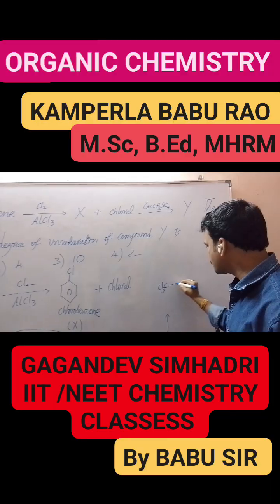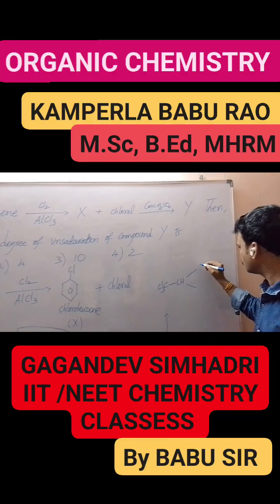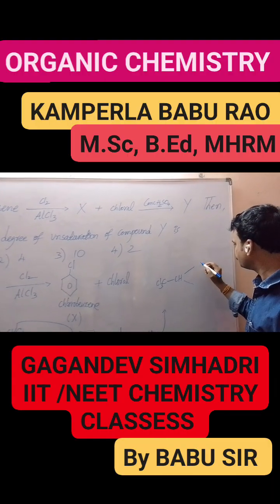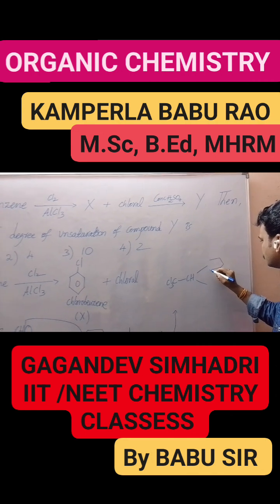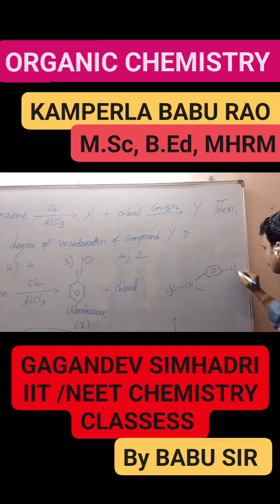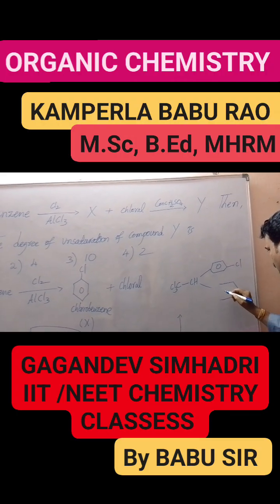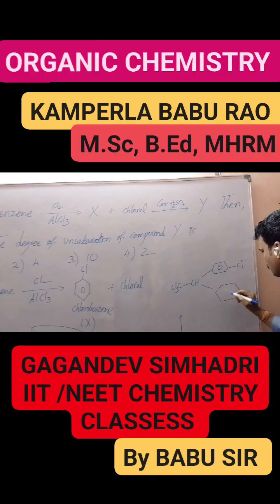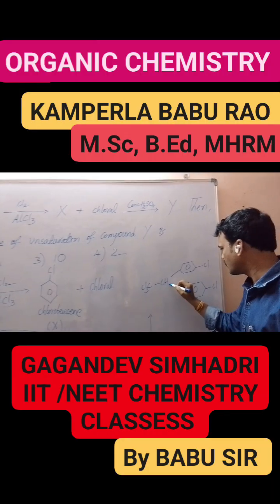CCl3CH. So this is the product formed here. So this is called DDT.